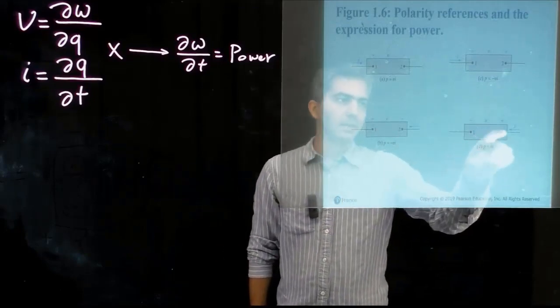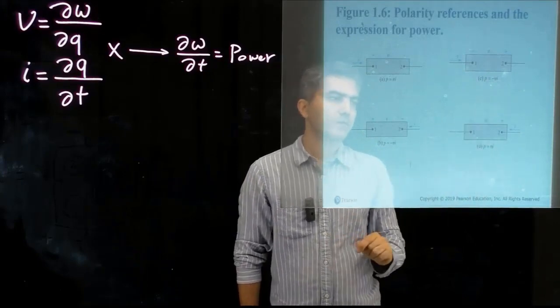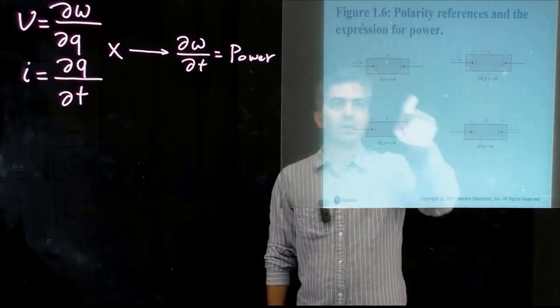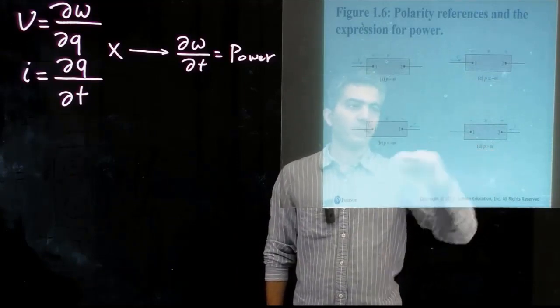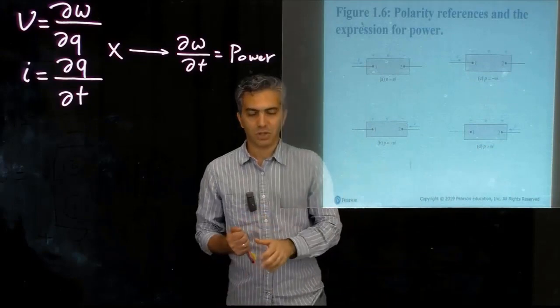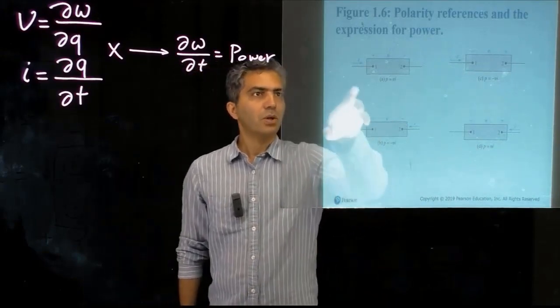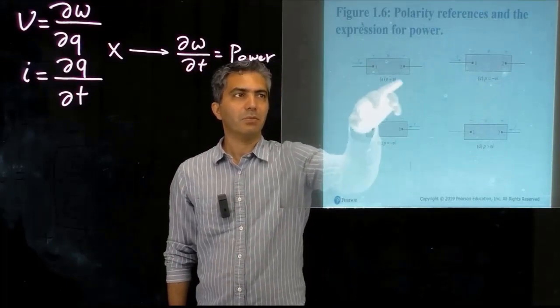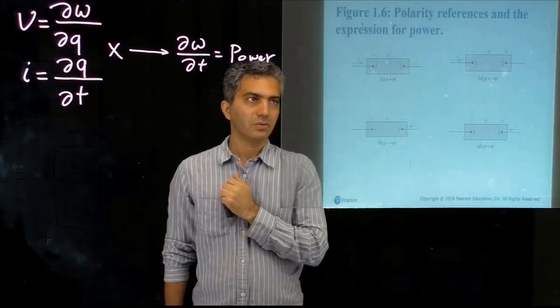In the last case, the current is entering terminal 2, but that has a positive sign assigned to it, so it goes back to what it was originally defined. Just take the value of the voltage, take the value of the current, and multiply them by each other, and that would be power. So what's important is to note which one of the terminals, negative or positive, the current is entering into.